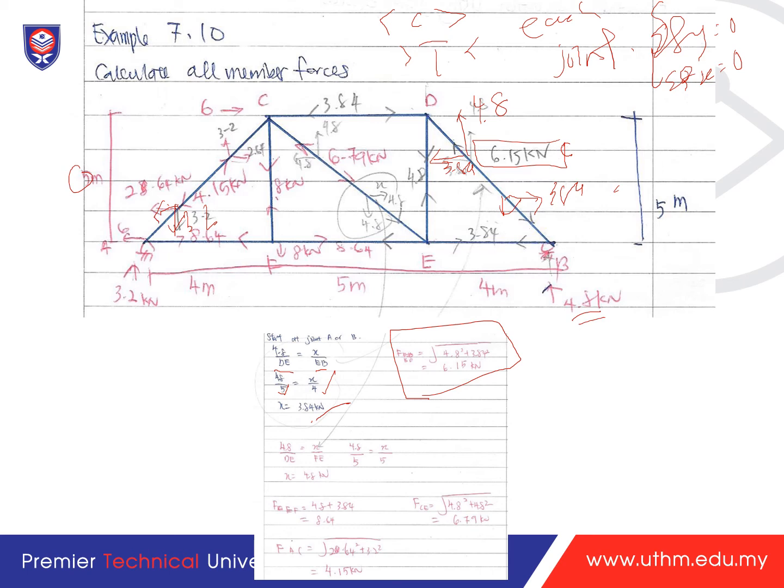When you calculate with 3.2, you get the ratio, and then you will get 6. You can calculate from these directions or other directions, and you will get the same value. Once you calculate this one, you can continue and get the value of this. So 3.2 over 5 is equal to x over 4.